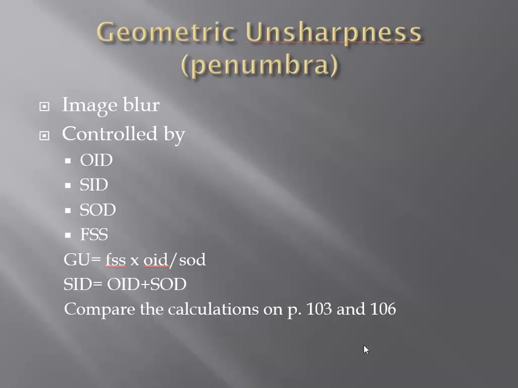So if you compare the calculations on 103 to 106, they're the same word problem. What you have is a 2.5 millimeter focal spot size. Your OID is 8 inches and the source to object distance is 32 inches. So your overall SID is 40 inches.